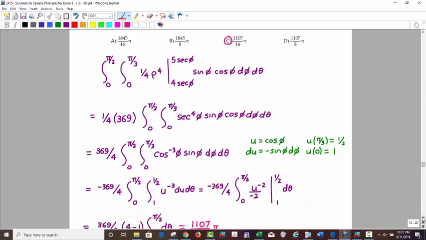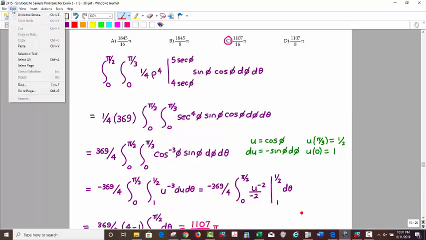We have all kinds of mixed trig functions here, but as you would suspect, we need to convert that secant to cosine to get this in a form that we can integrate. Since secant is 1 over cosine, secant to the 4th is 1 over cosine to the 4th, or cosine to the negative 4.